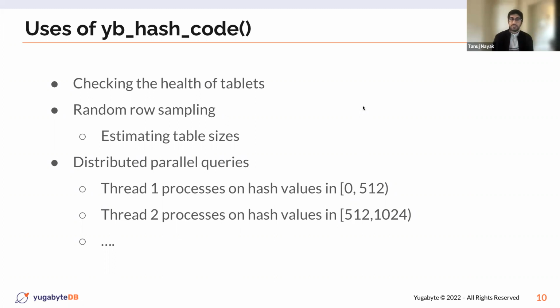If you ask for a count star over all hash values from 0 to 512, and then compare that with a count star over all hash values from 512 to 1024, you can compare how many rows are stored in each of these hash buckets. If that comparison tells you that these row counts are not uniform, then you can learn about data skew on your table.